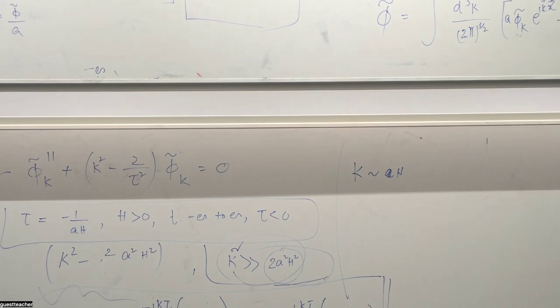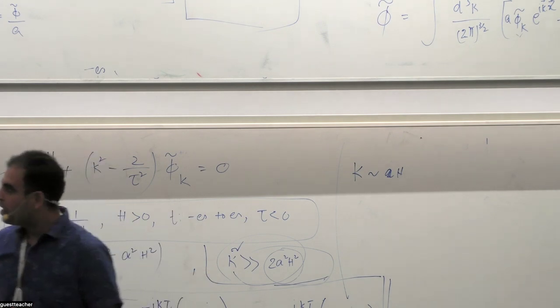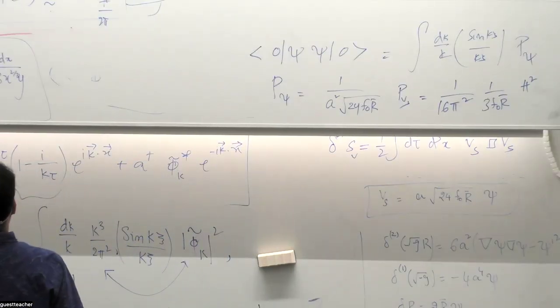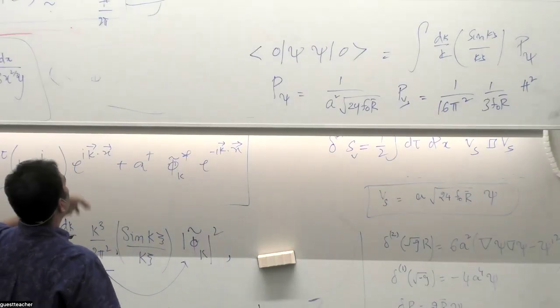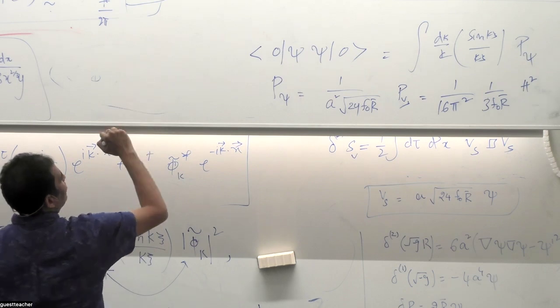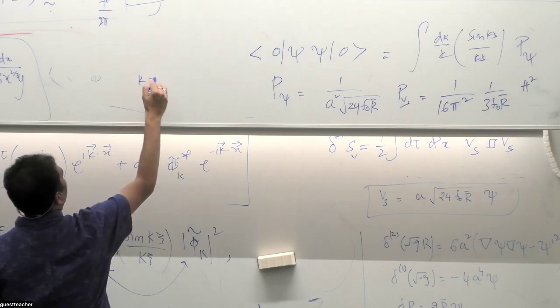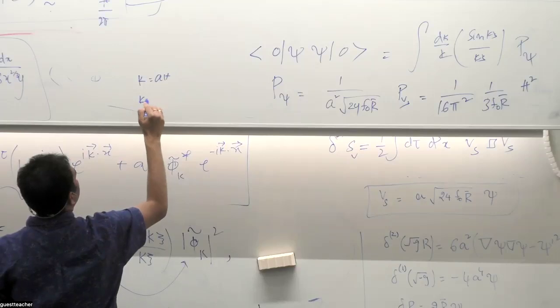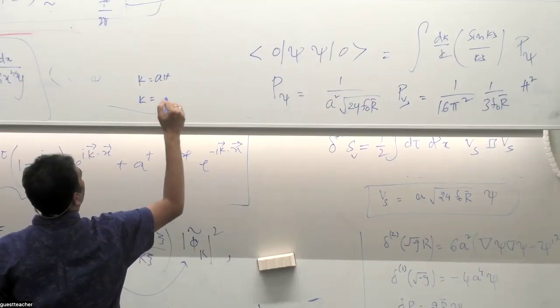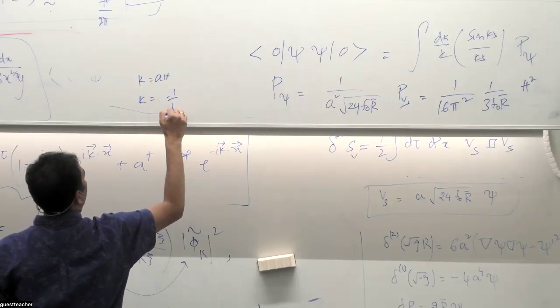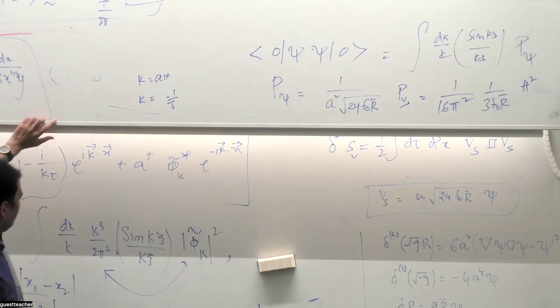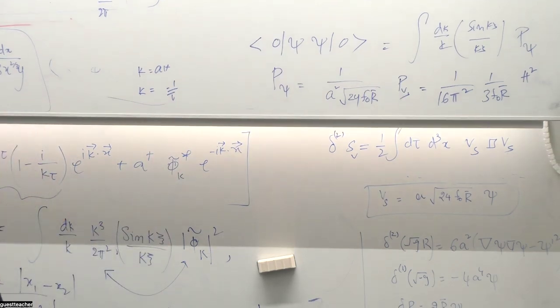That's where quantum effects are important. That's why we are doing all these things. Anyway, what people do is evaluate the power spectrum at k equal to ah, which means k equal to minus 1 over tau. That's what you see in the literature.